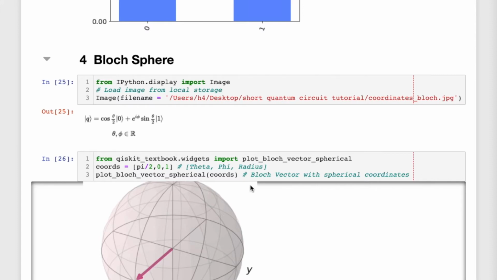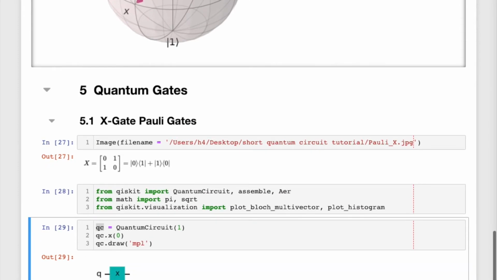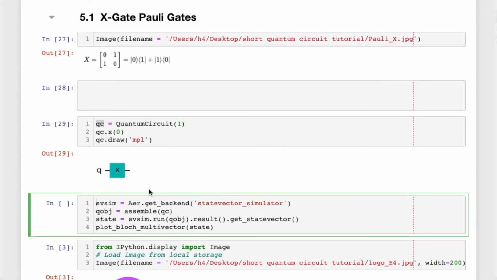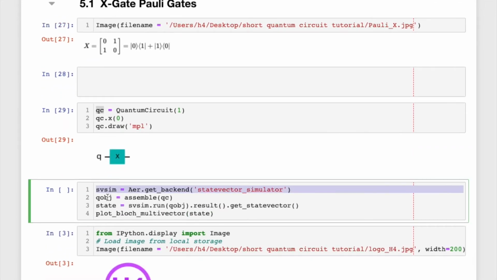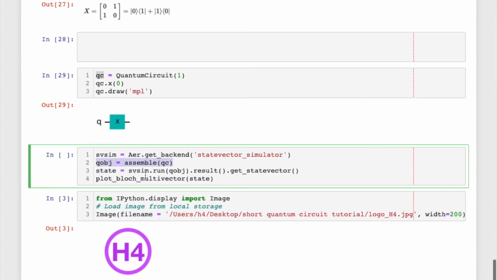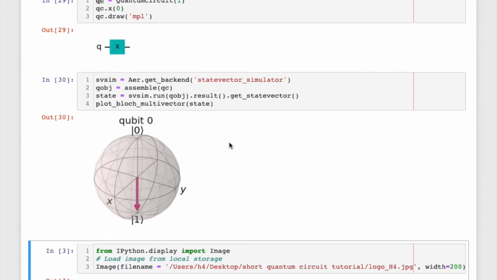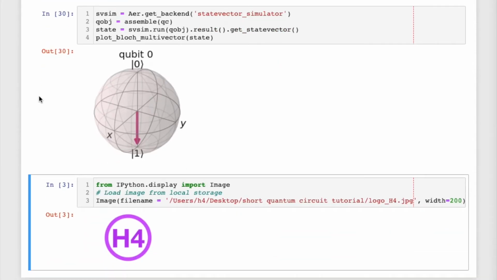To see what happens, we apply the state vector simulator and the Q object and then the state, and we see that the qubit that was initially looking up is now looking down, because it just rotated around the x axis.